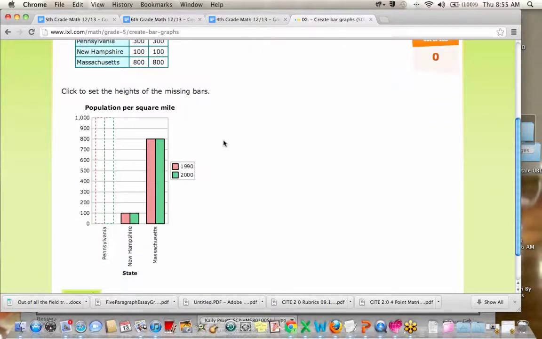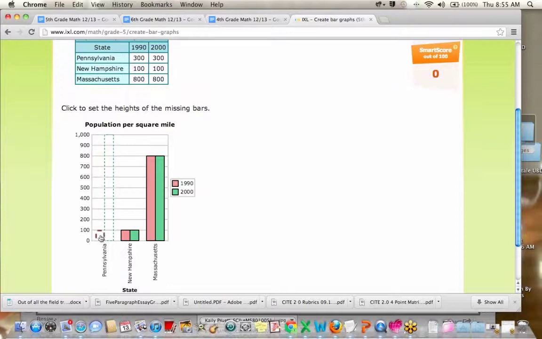So go ahead and type into the chat what I need to fill in for Pennsylvania. What do I need to type in for 1990, which is pink? Good. So 300. And then what do I need to type in for 2000 for Pennsylvania?